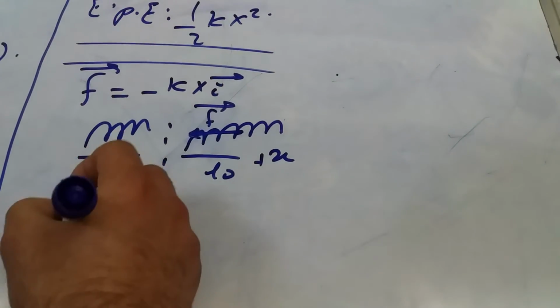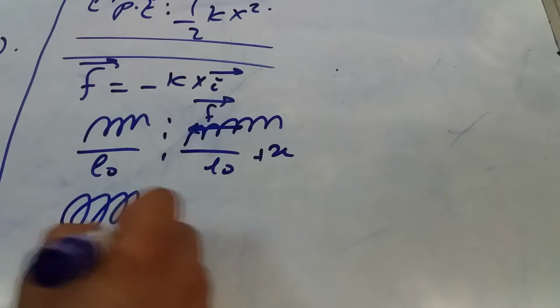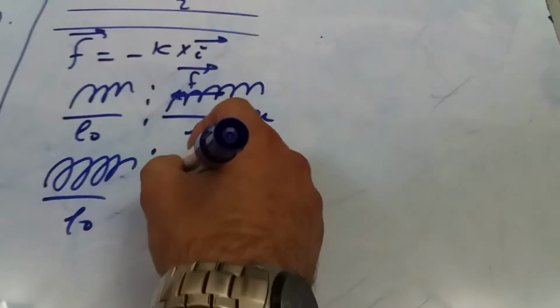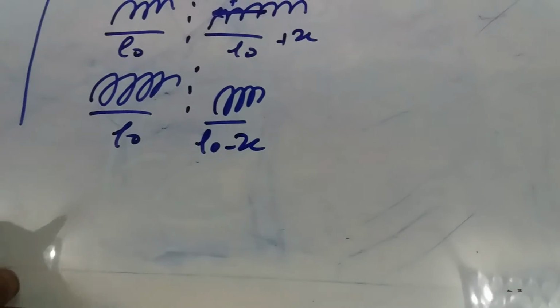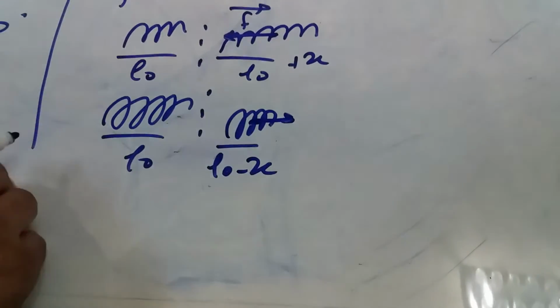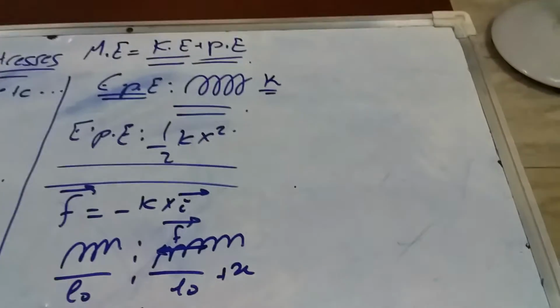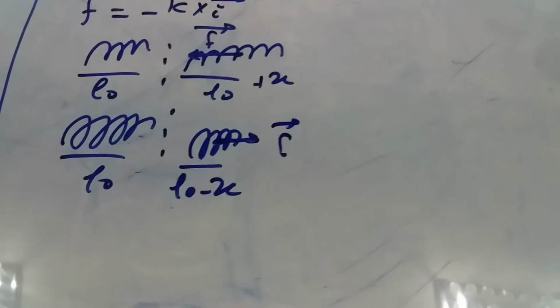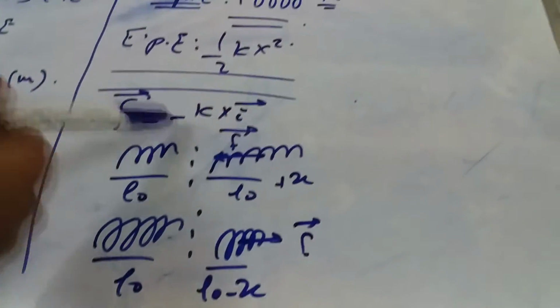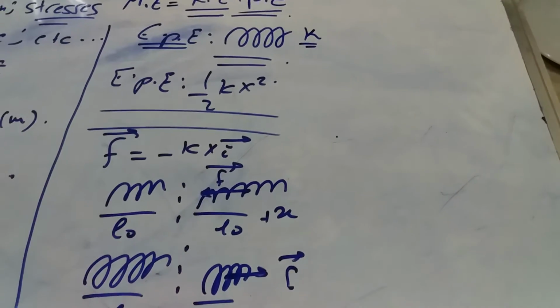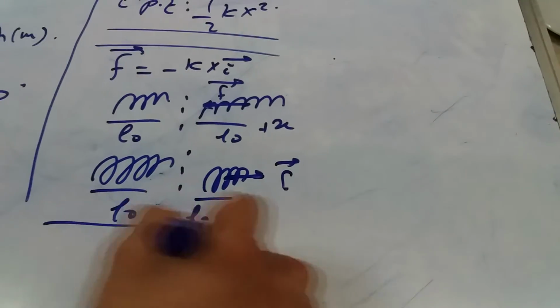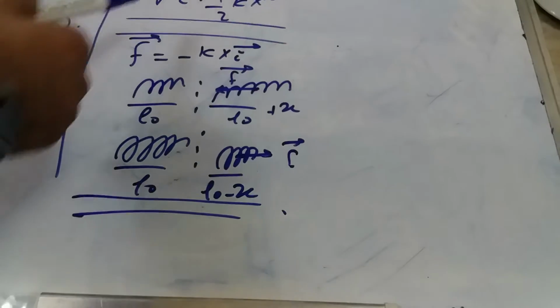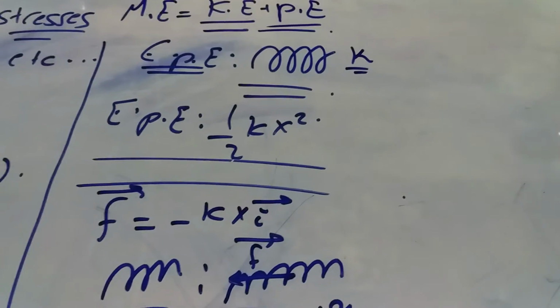And if the spring of length L0 is compressed, the tension force will also oppose the deformation, which is compression. So the negative sign in the tension force of the spring always opposes the deformation. Now let us see where this expression comes from.